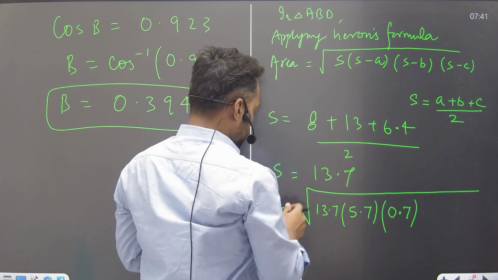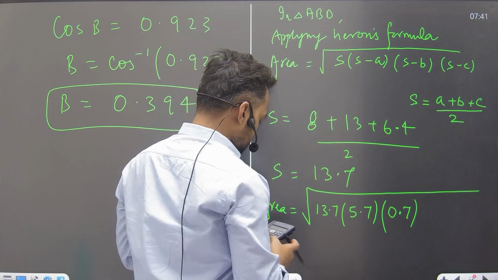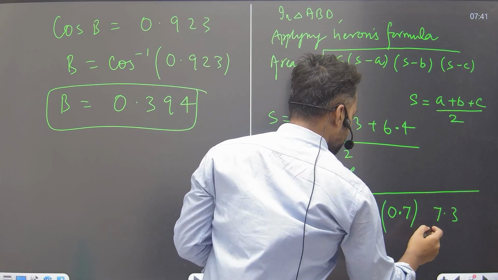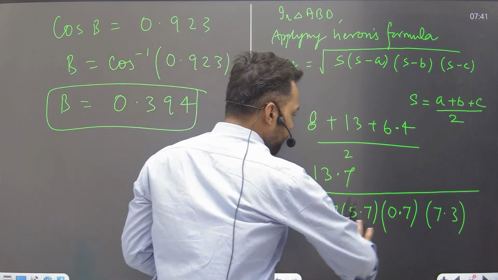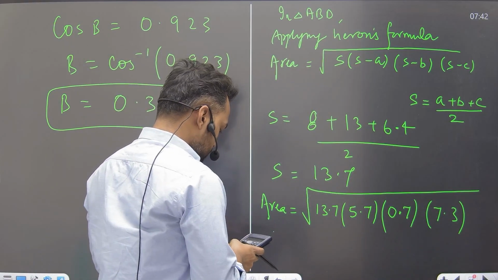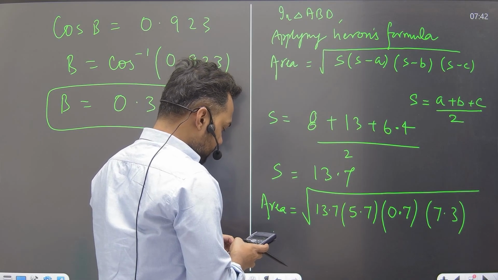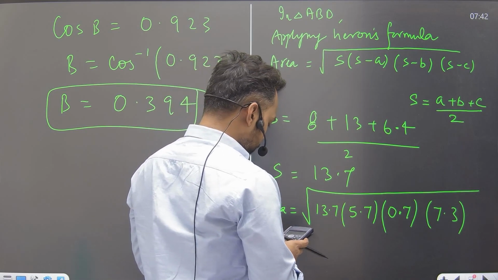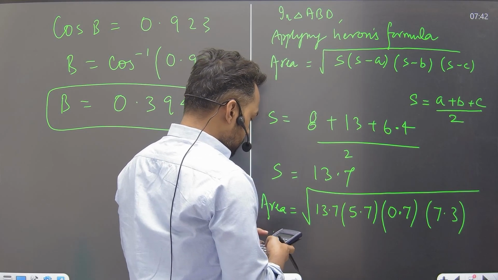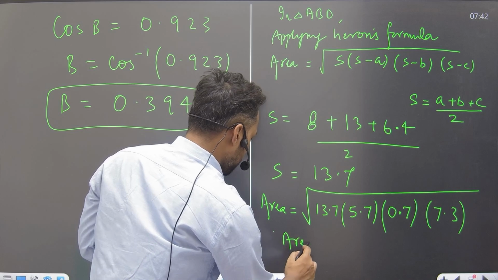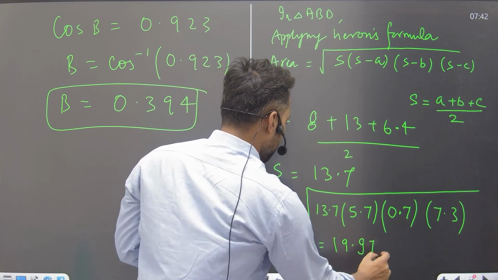S minus c, that is 13.7 negative of 6.4, that is 7.3. Now just need to multiply the terms under the square root, 13.7 cross 5.7 cross 0.7 cross 7.3, that is 399.03, and the square root is the area, after calculation we are getting here, students, is 19.97.